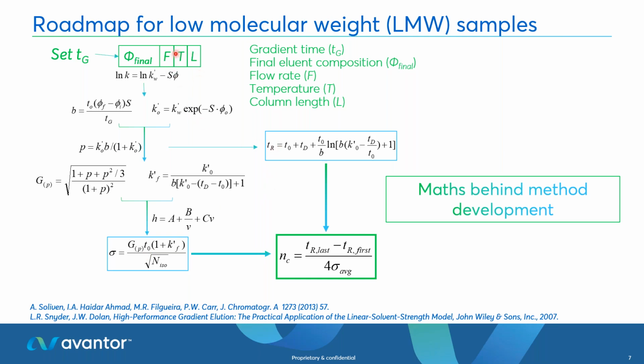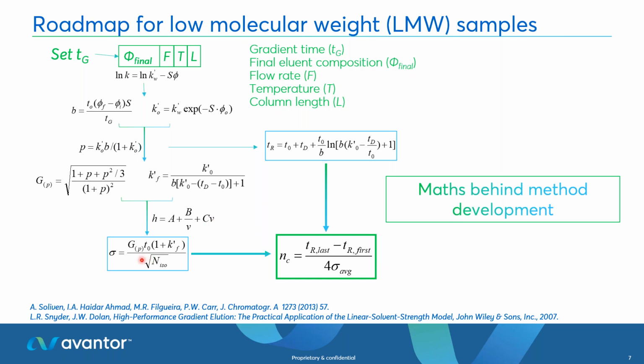And when we change any of these parameters, we also change the retention times of our solutes. This is why we feel quite frustrated when we develop a method. It's a really complex multivariate relationship, and this is just a quick insight into the maths behind method development, particularly gradient elution theory.